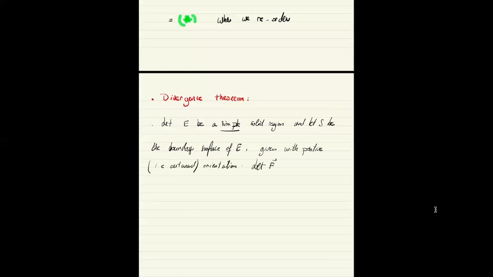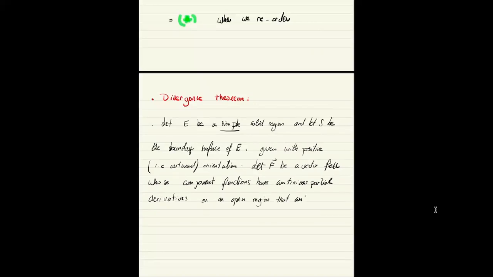Let F be a vector field whose component functions have continuous partial derivatives on an open region that contains E.